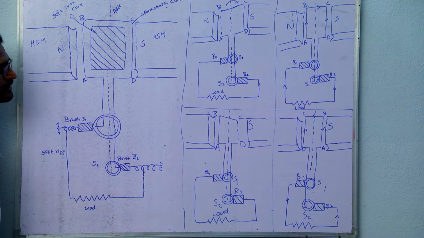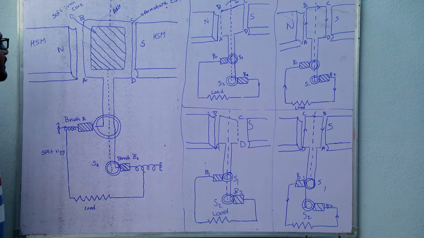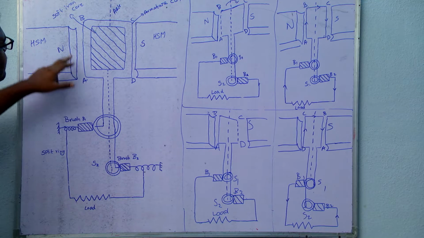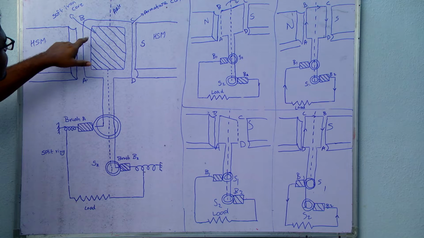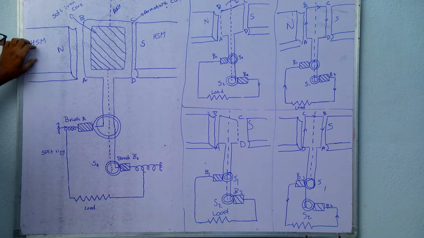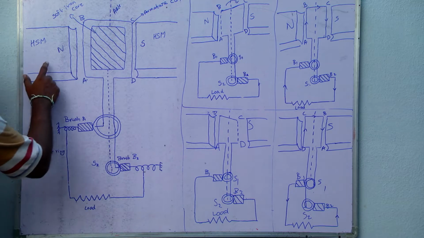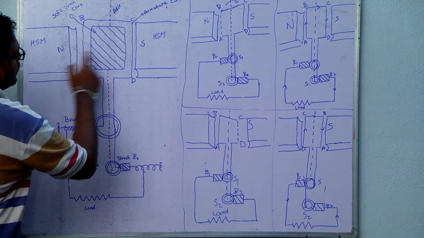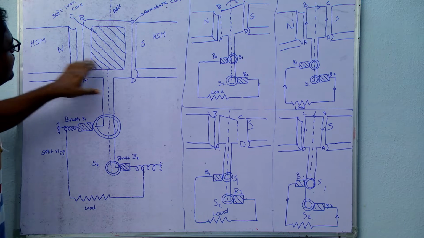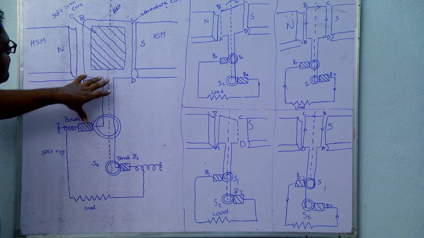The AC generator converts mechanical energy to electrical energy. In the AC generator, there is a coil. This coil is rotated in a magnetic field. This is a horseshoe magnet, with North pole and South pole. The coil is rotated in the magnetic field of this horseshoe magnet.